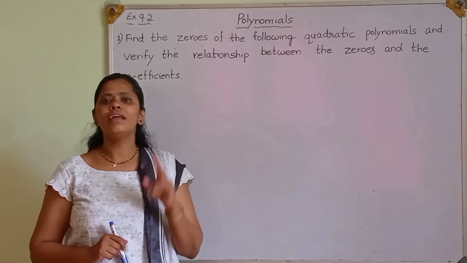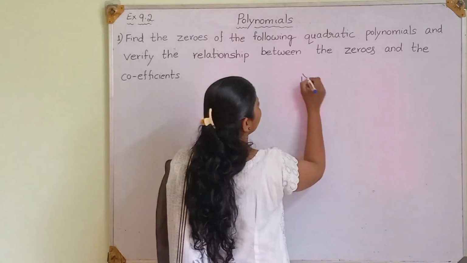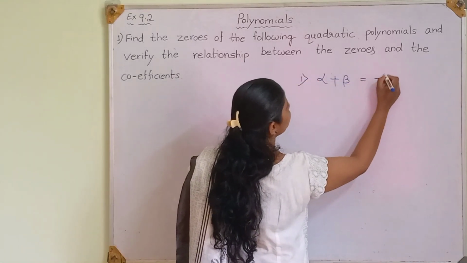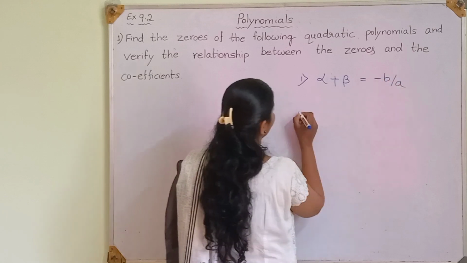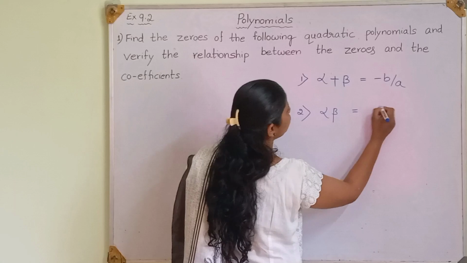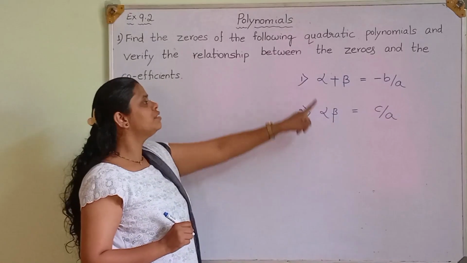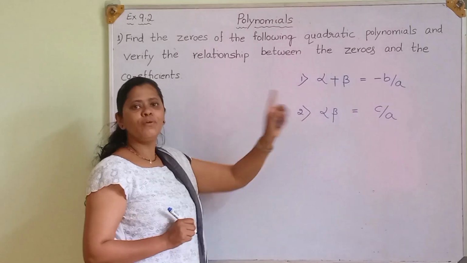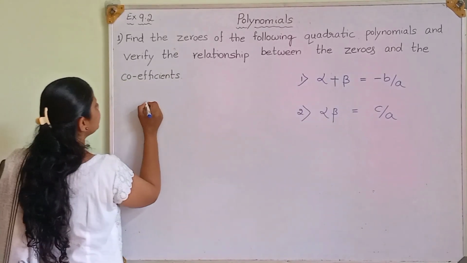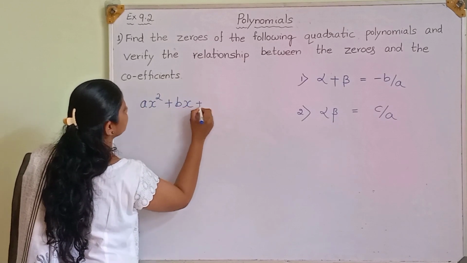See here, there are two formulas. The first one is alpha plus beta is equal to minus b by a, and alpha beta is equal to c by a. Okay, we have these two formulas. We know that the general form of a quadratic equation is ax square plus bx plus c.